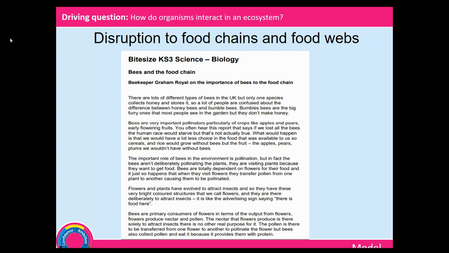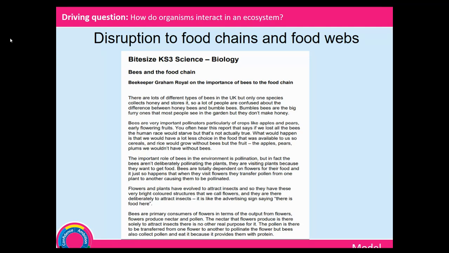There are lots of different types of bees in the UK, but only one species collects honey and stores it. So a lot of people are confused about the difference between honeybees and bumblebees. Bumblebees are big, furry ones that most people see in the garden, but they don't make honey. Bees are very important pollinators, particularly of crops like apples and pears, early flowering fruits.